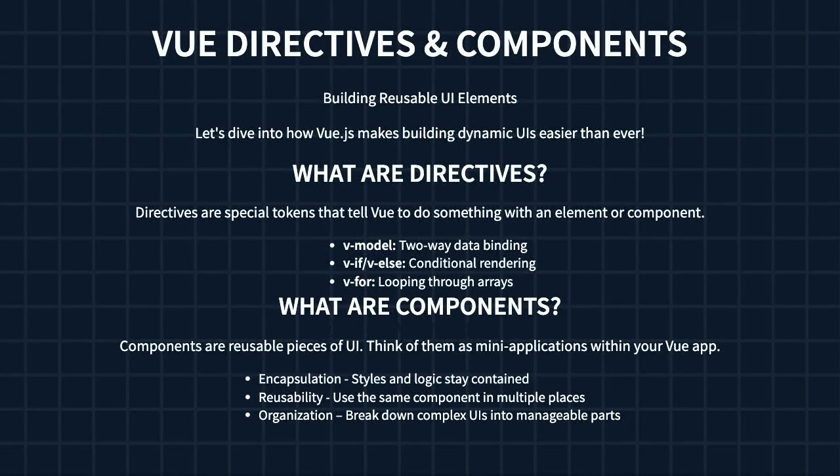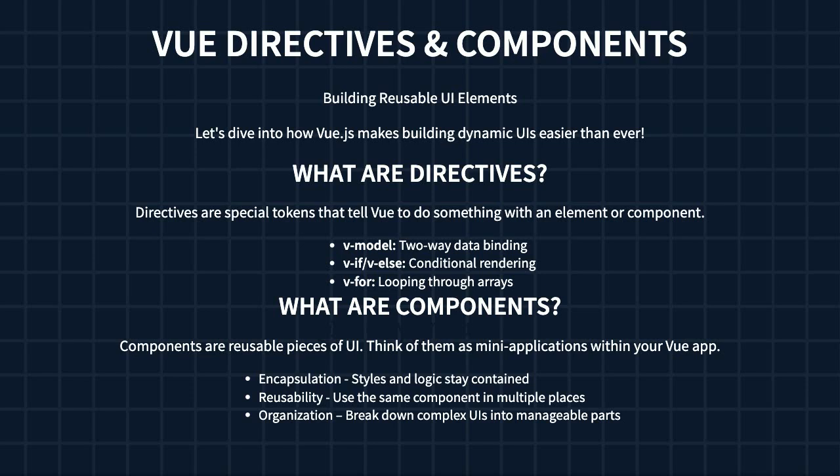Okay, let's talk about building user interfaces with Vue.js. Today we're focusing on two really important concepts: directives and components. Think of directives as special instructions you give to Vue, like telling it to connect a form field directly to its value, or showing or hiding content based on certain conditions. We've got things like v-model for easy data binding, v-if and v-else for conditional rendering, and v-for to loop through lists of items.